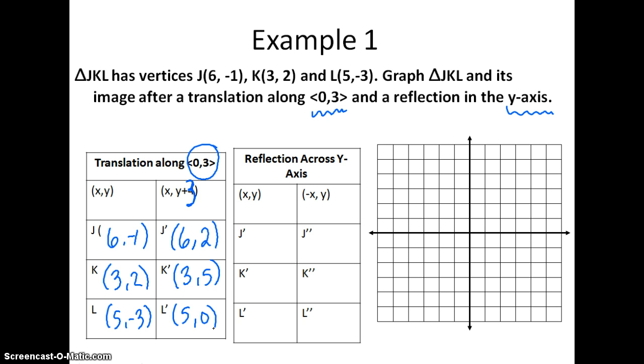Now, when we perform our next transformation, we are now going to use all of these points. That's why they all have prime points over here, instead of using our original points, because we want to take the points we just got and then do another transformation on them. So I'm going to rewrite those points.